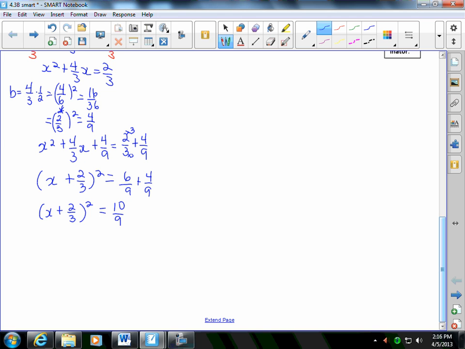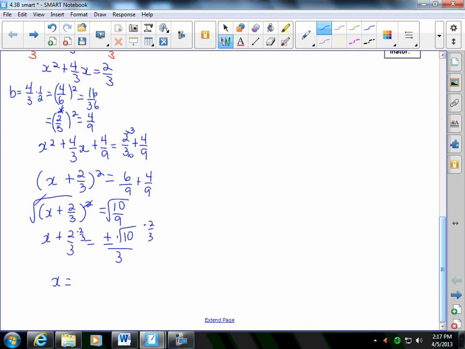So now I have the squared on one side, I have the square root on the other. So now I can do my square root property. So squared and square root cancel. x plus 2 over 3 is equal to square root of 10. It's not a perfect square, so I leave it. But square root of 9 is 3. So now to solve for x, I am going to subtract my 2/3 from both sides.